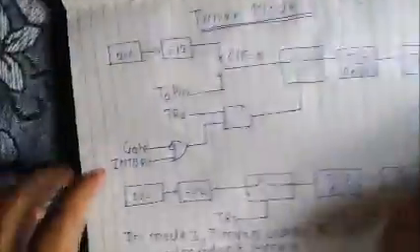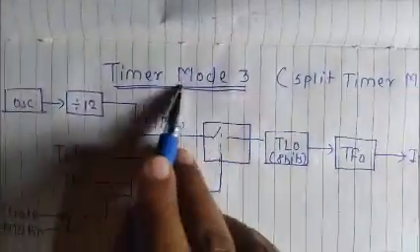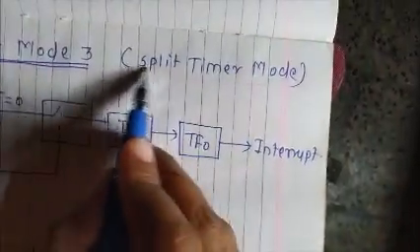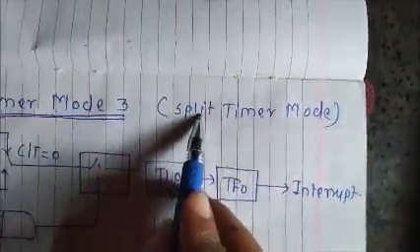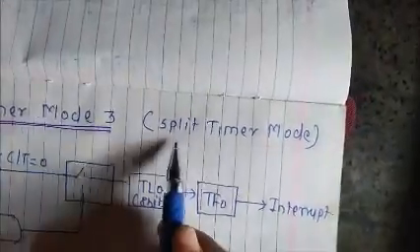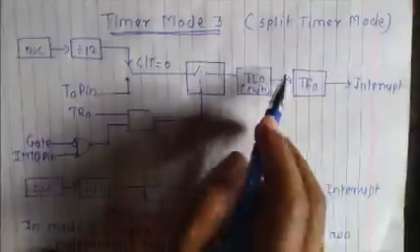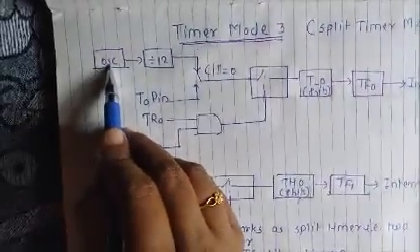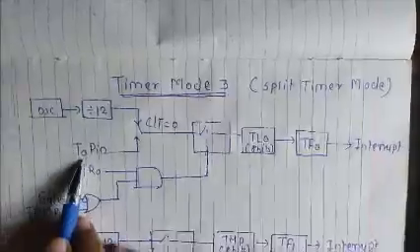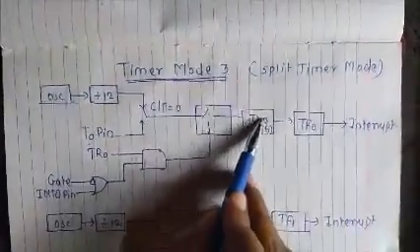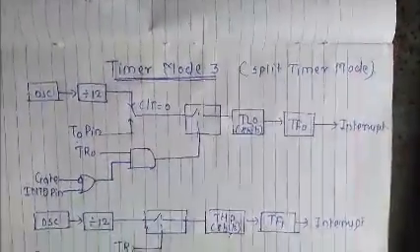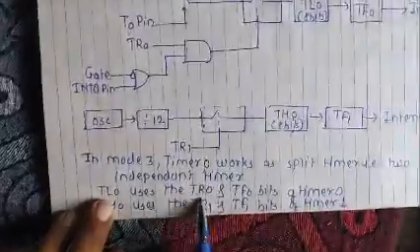The last mode of the timer is timer mode 3, which is the split timer. Split means we can use either TL or TH. When we are using it, the oscillator is divided by 12, and up to this part it is the same, only the changes are there. If we are using timer 0, TL0 uses TR0.